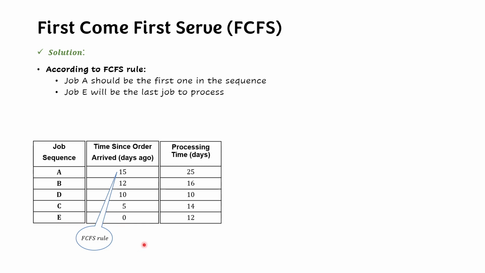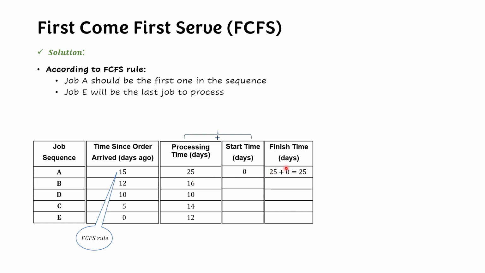The start time for job A will be 0. Job A will take 25 days to process and then we will be able to start the next job. Once we finish job A, we will start job B on the 25th day. Now it will take 16 days to complete job B, so we will be able to finish job B on the 41st day.